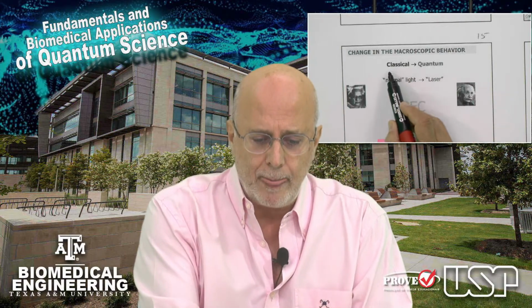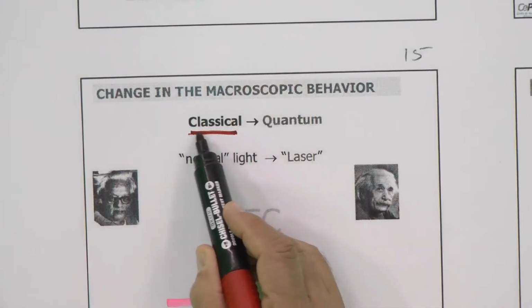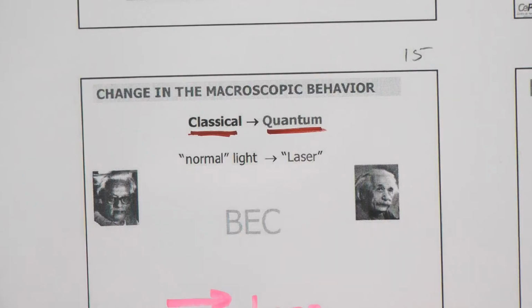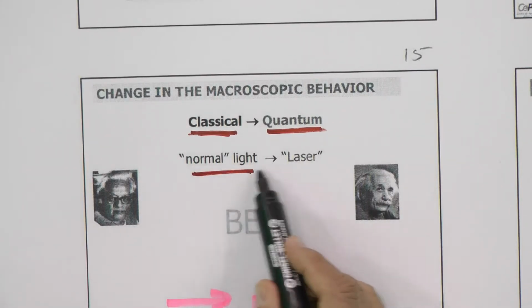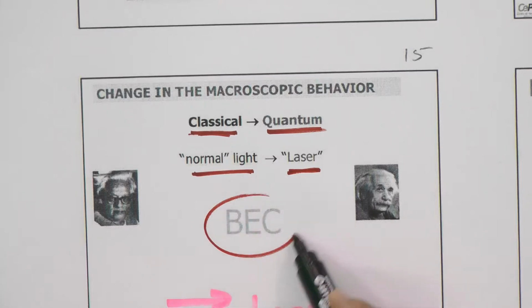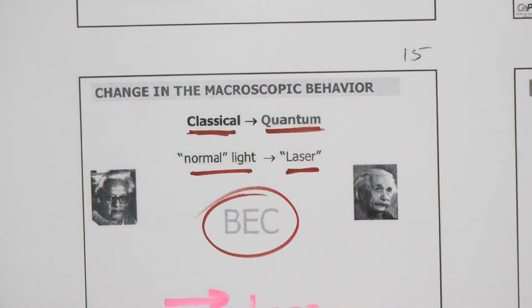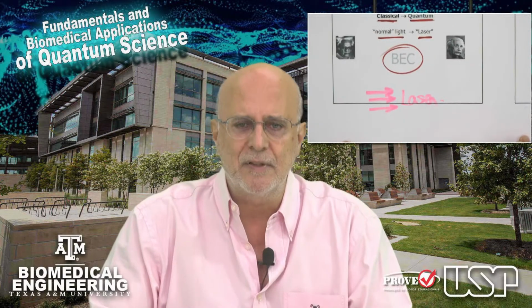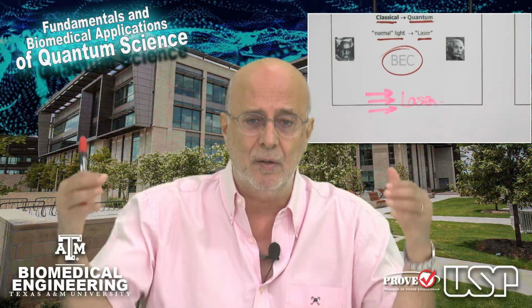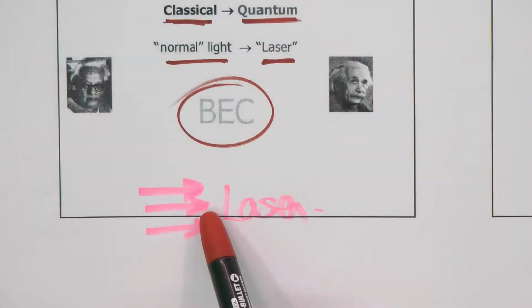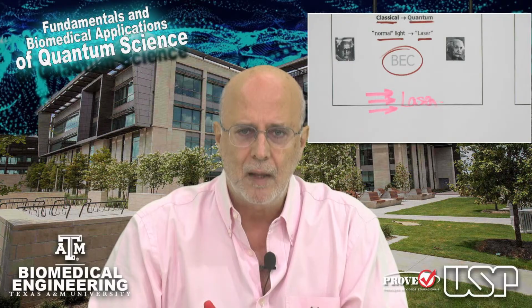So the classical gas goes to a quantum gas the same way that normal light goes to the laser. The Bose-Einstein condensation is doing to the atoms exactly what a cavity with gain is doing to the light, making the laser.